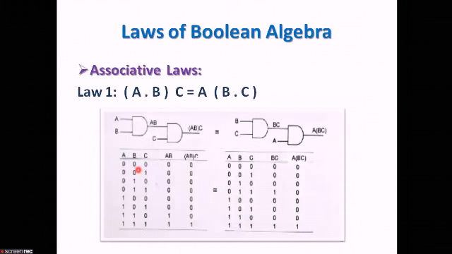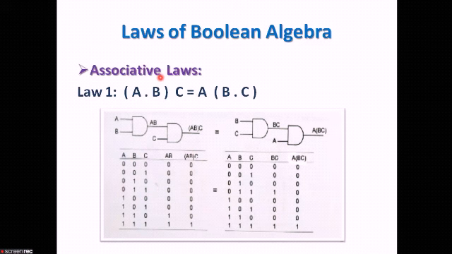Next is law number 2, that is a dot b in brackets into c is equal to a into b dot c in brackets. Again, let me read. Law number 2 is a dot b in brackets into c is equal to a into in brackets b dot c. This is law 2 of the associative laws, which fall under the laws of Boolean algebra.